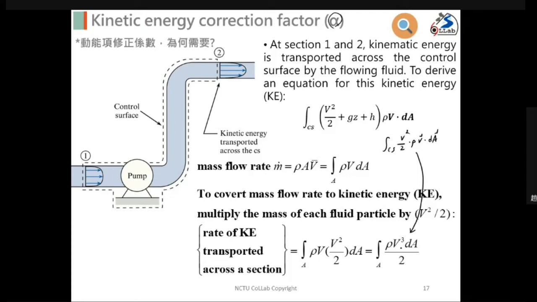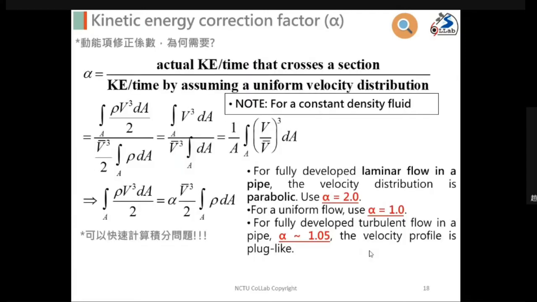We assume the flow direction is always parallel to the normal vector of the cross-section area, and we can rewrite the equation in scalar terms. But since V is not a uniform flow, the integration problem is too complicated to deal with along the control surface.